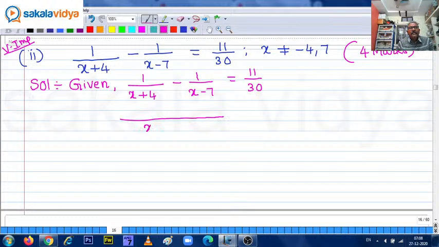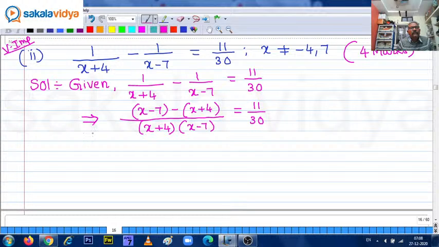What is the LCM? x plus 4 times x minus 7. x plus 4 into x minus 7 divided by x plus 4: x plus 4 cancels, leaving x minus 7. Then the minus sign: x plus 4 into x minus 7 divided by x minus 7 leaves x plus 4, equal to 11 upon 30.